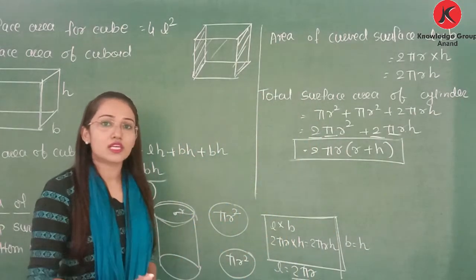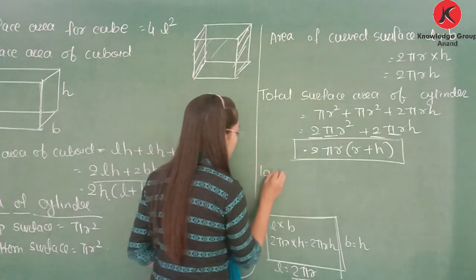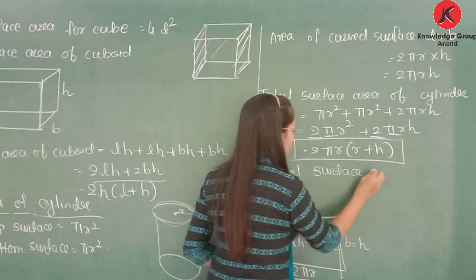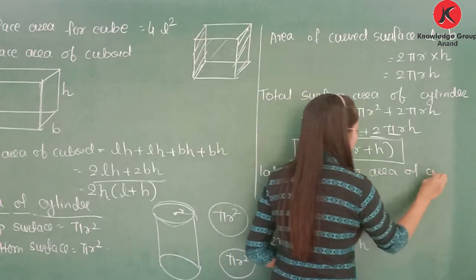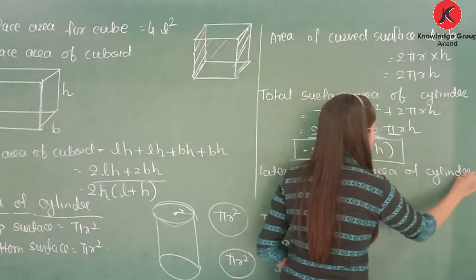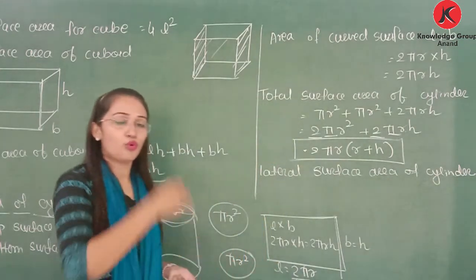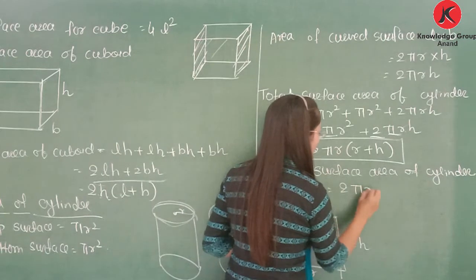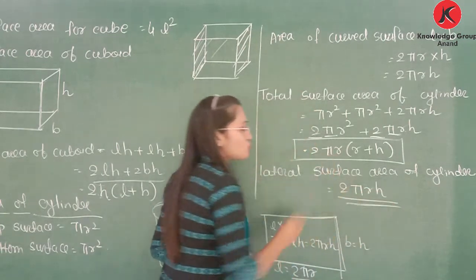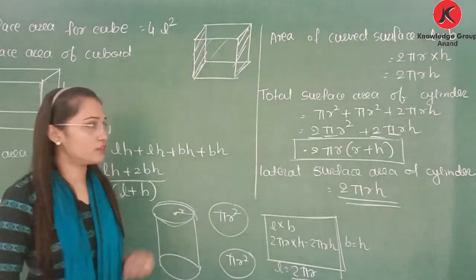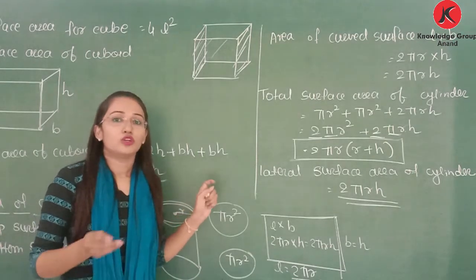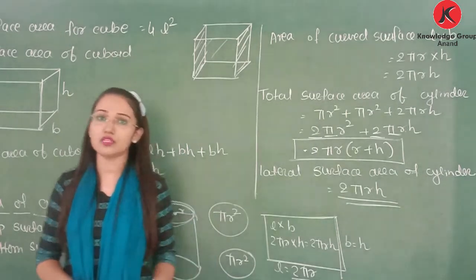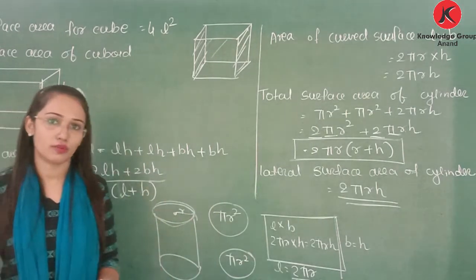Now what is the lateral surface area? Lateral surface means we are removing the top surface and bottom surface. So the lateral surface area will be only 2 pi r h. So you need to remember these equations: the total surface area of a cube is 6l square and the lateral surface area of a cube is 4l square.